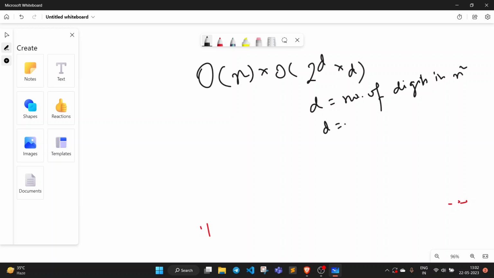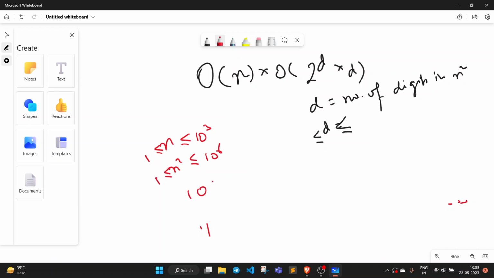Now d can be at max what? We are given n can be at max 10 to the power 3 from 1. So n square will be 10 to the power 6.